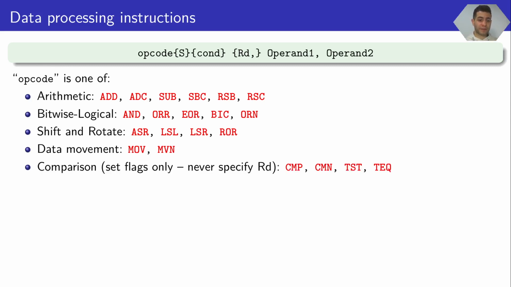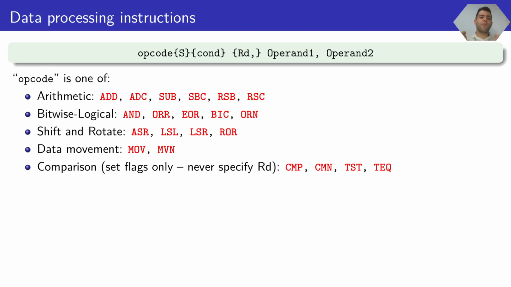Then we have the comparison operations, and the only thing about comparison operations, I don't know if you already know something about x86, but in general, when you're doing an operation, you are often setting some flags. Do you remember that in the CPSR register we have the zero flag, for example.